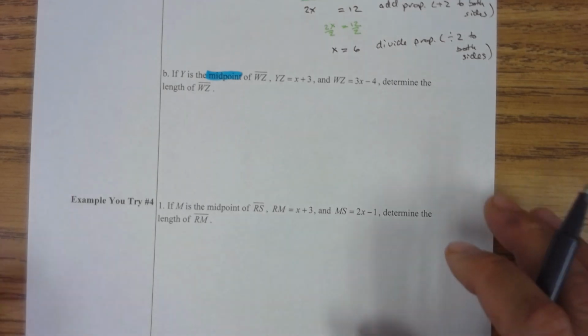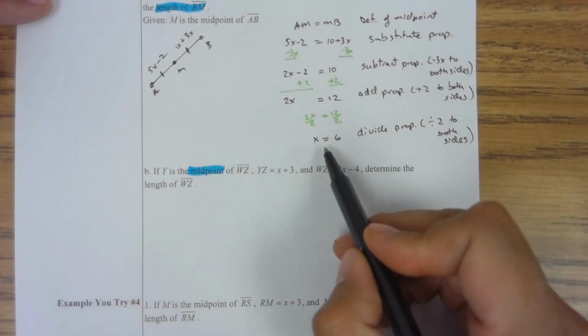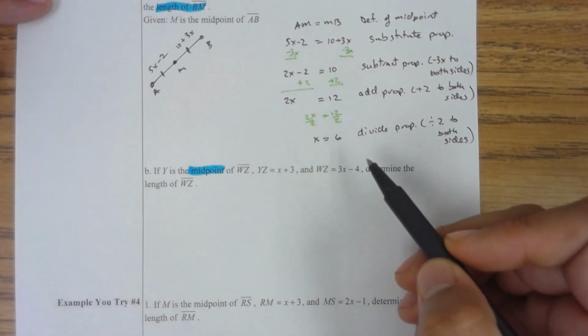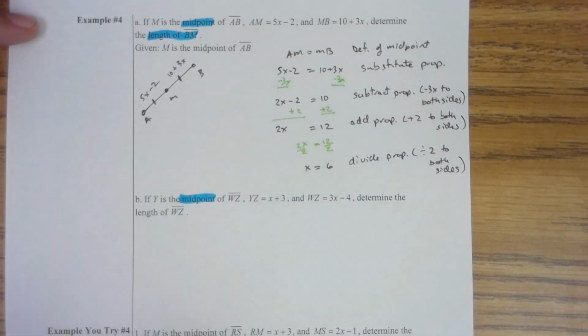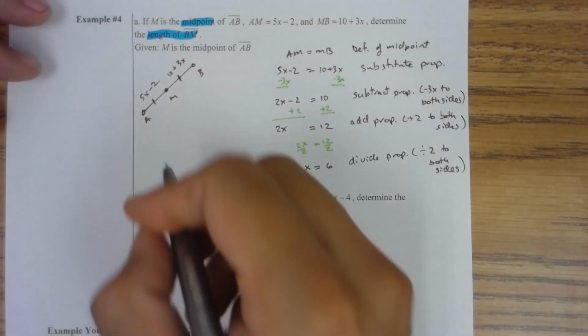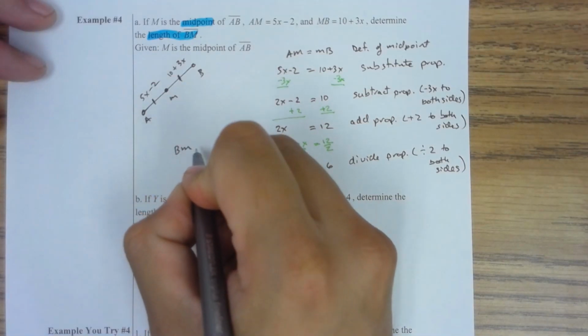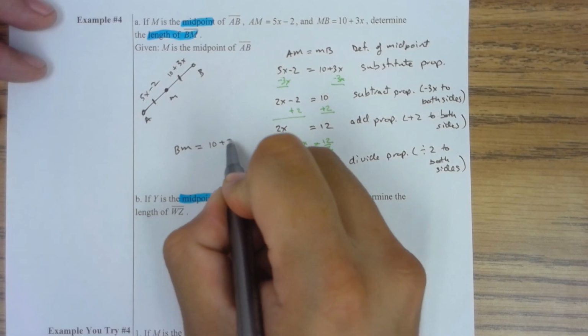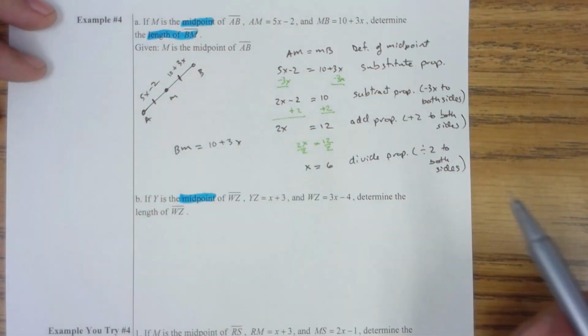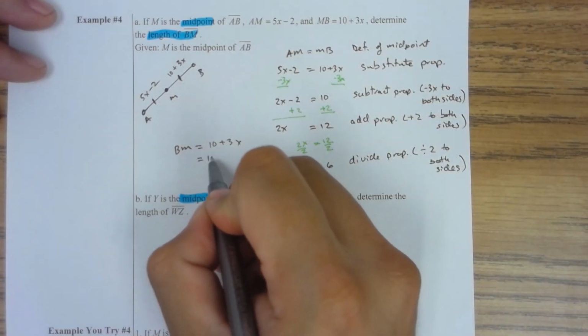I kind of made a mistake real quick. Back here, we know x equals 6, but they want to know what BM is. So let me go back and fix that real quick. BM right here, we know is 10 plus 3x. So we need to substitute in.